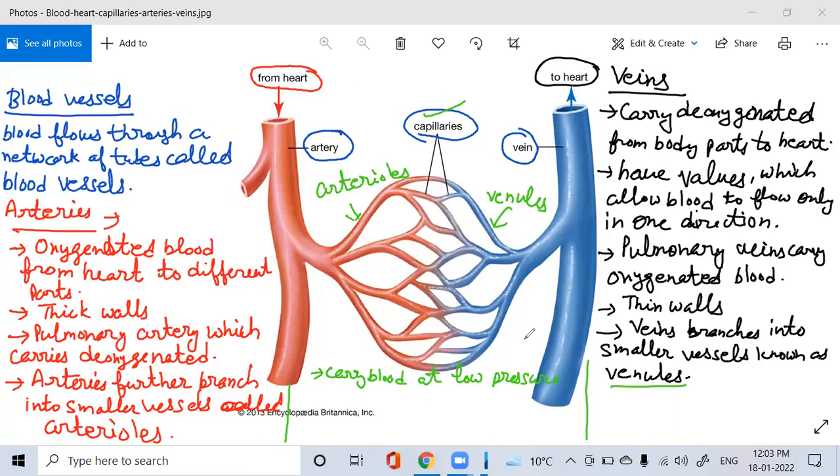So digested food and waste products are also transported across these. Digested food and waste products are also transported in this network.